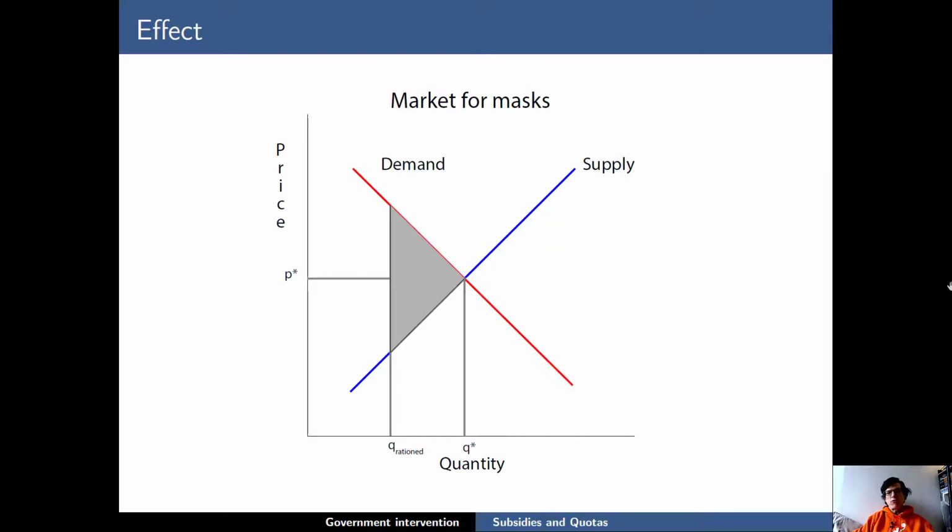If we ration it with this quantity rationed on the x-axis, we'll see that this quantity rationed intersects the demand and supply curves, and everything to the right of that, between the quantity rationed and the equilibrium quantity, that's no longer supplied in the market. So whatever economic surplus was gained by those transactions can no longer be gained in the market.